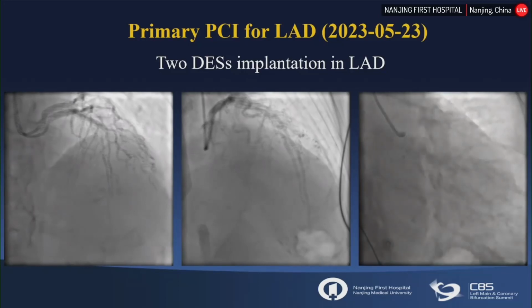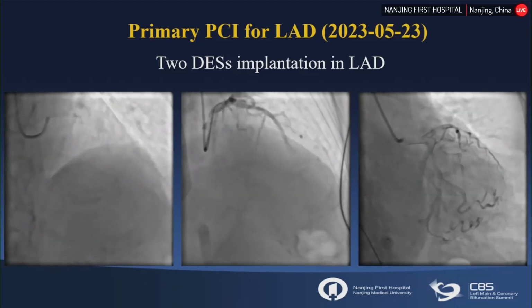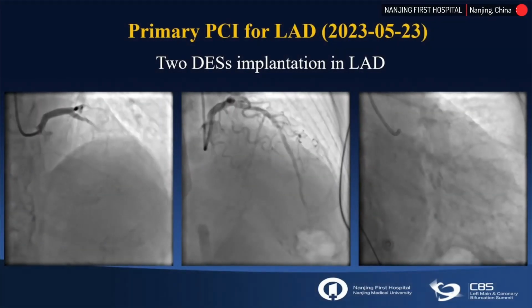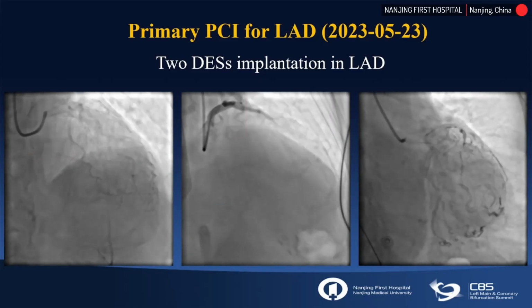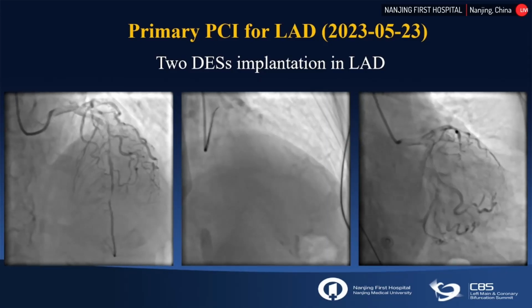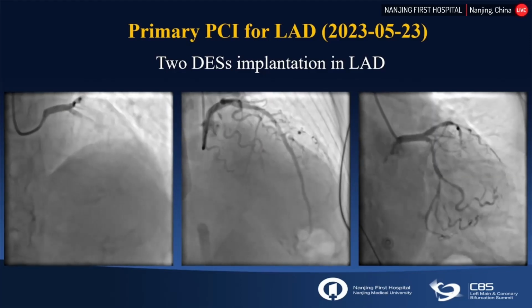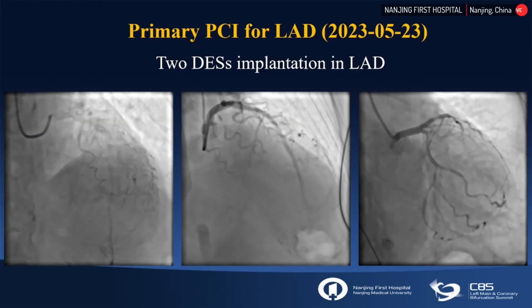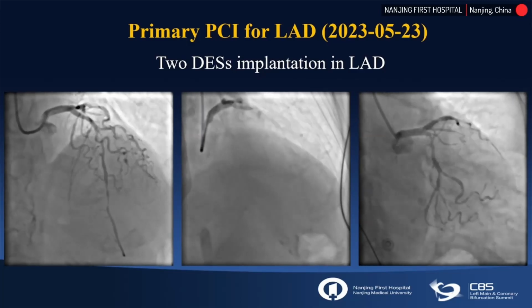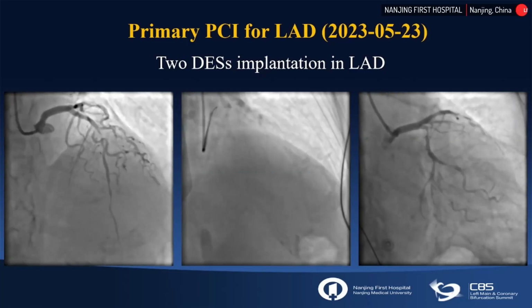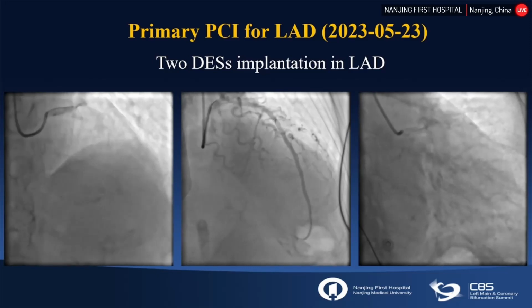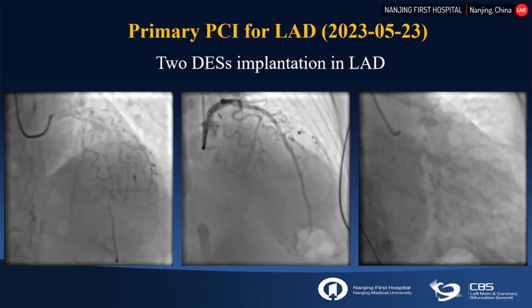The lesion in the LAD was a culprit lesion, so 2 drug-eluting stents were deployed in the LAD successfully. From the AP caudal view, we also could find severe stenosis from proximal to distal left circumflex involving the obtuse marginal branch, a very big, large obtuse marginal branch. It's a Medina 011 bifurcation lesion.